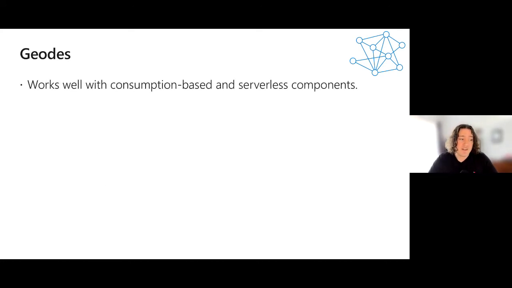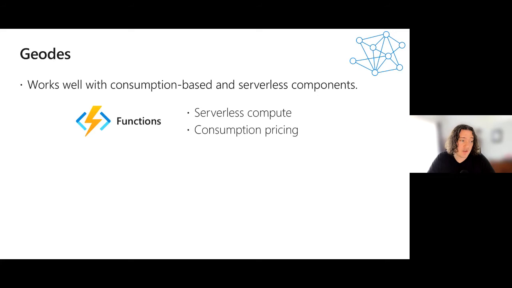Now, because this involves deploying resources across potentially many different regions, managing the cost could be a challenge. So it's worth considering the use of serverless components and those with consumption-based pricing models. So for example, Azure Functions could be used as a compute layer. And if you use this in the consumption tier, you don't pay for a given geode's function app unless it's actually doing something, unless it's receiving requests or processing something.